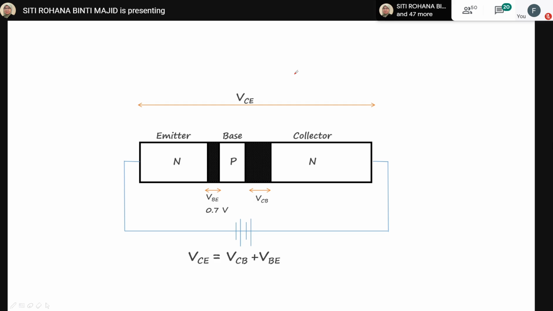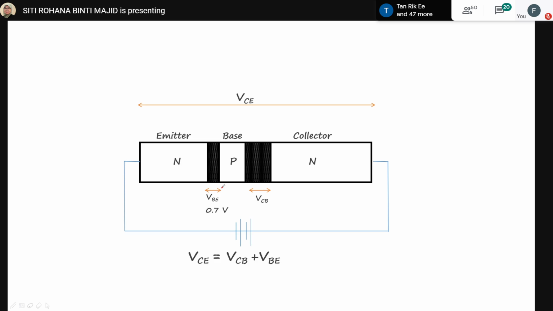VCE is the total voltage from terminal emitter to collector. VCB refers to the voltage between collector and base, and VBE is the voltage between emitter and base.